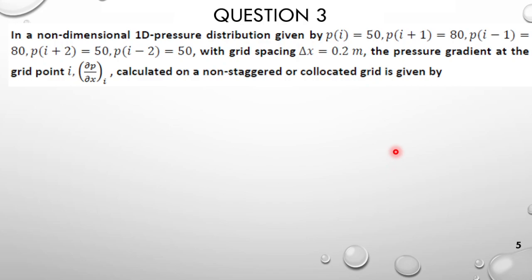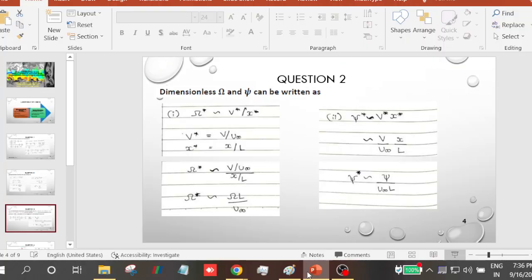In a non-dimensional 1D pressure distribution given by P of i equal to 50, P of i plus 1 equal to 80, P of i minus 1 also equal to 80, i plus 2 is 50, i minus 2 is 50, with grid spacing so and so, the pressure gradient at a point i needs to be calculated on a collocated grid. We will try to solve it together.